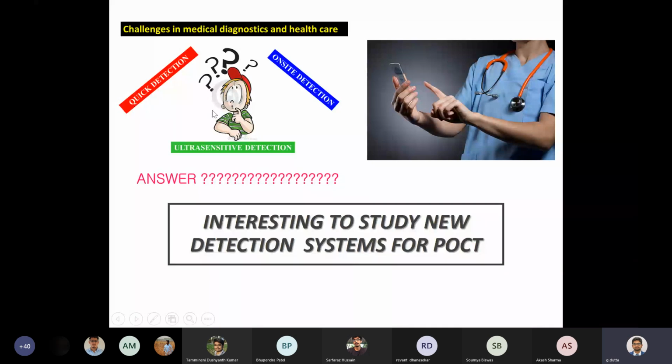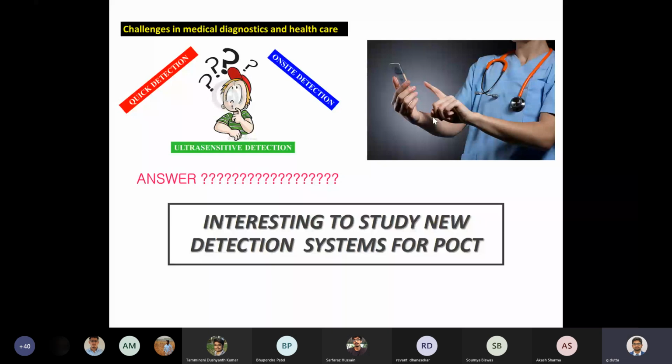We send the samples to the diagnostic center, they go for pre-processing, and they have to wait a long time for the reaction. But this is not useful for point of care. So in each point of care case, the first important thing should be quick. Just drop the sample. If we can find the solution immediately, that will be very good for point of care.